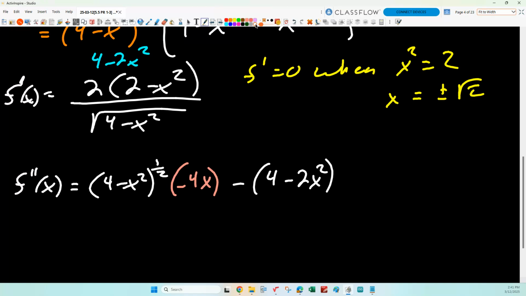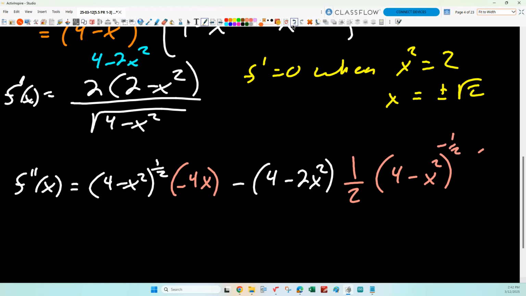So the derivative of that, what's that? What's the derivative of the bottom, everybody? 1/2 times 4 minus x squared, to what power?